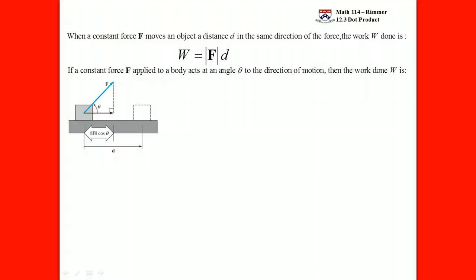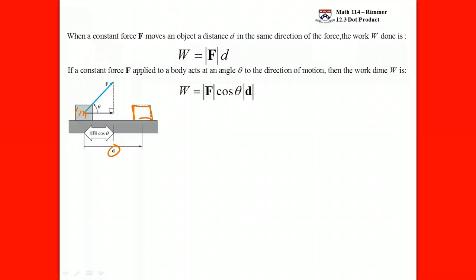In this case, it's moving along something parallel to the floor, and that theta that you apply the force at plays a role. The distance that the object moves, so it starts here where this shaded guy is, it ends up here. This distance d that the object moved ends up being something that we can calculate with the dot product of vectors.